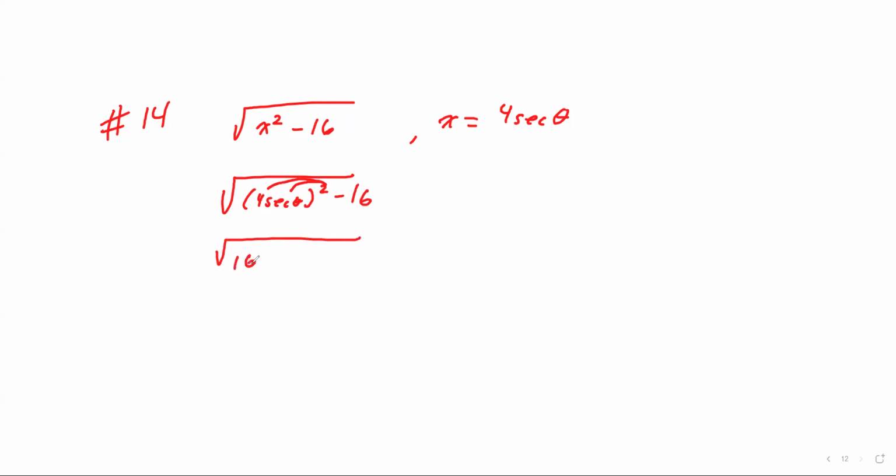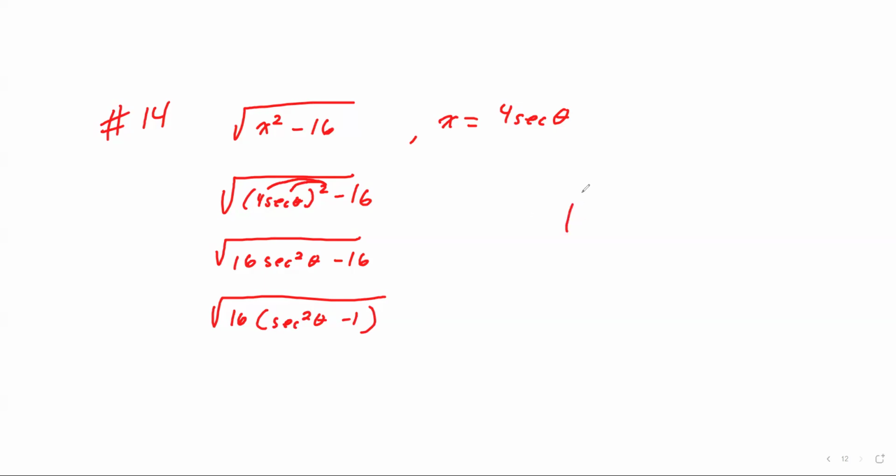So this now becomes 16 secant squared theta minus 16. Now we're trying to simplify this. Again, greatest common factor when I'm looking at something that's not quite like my Pythagorean identities. So I have a 16 I can pull out, and then I'm left with a secant squared theta minus 1.